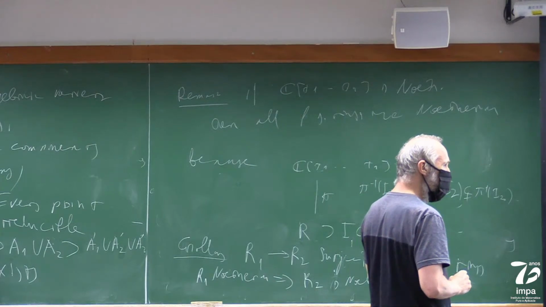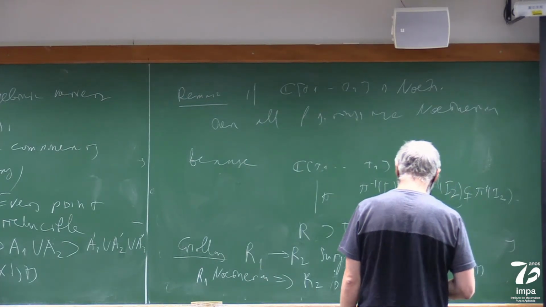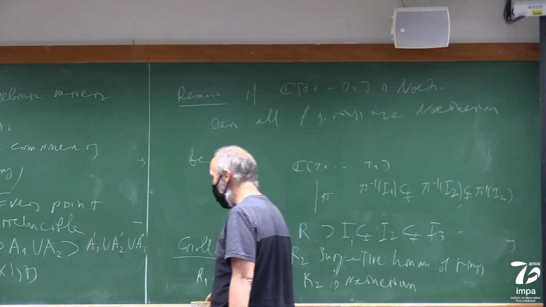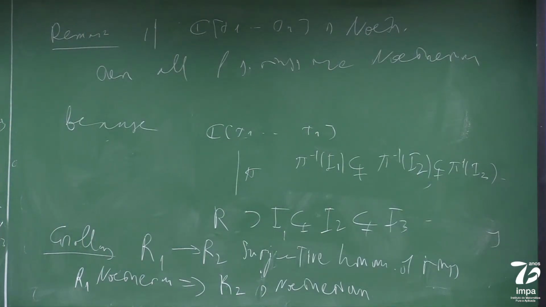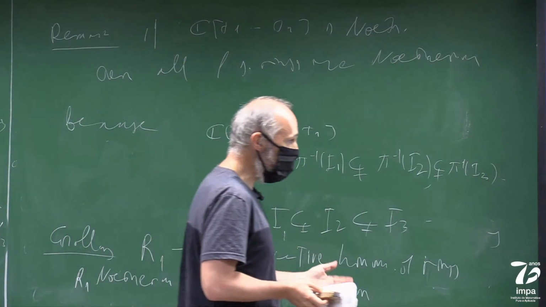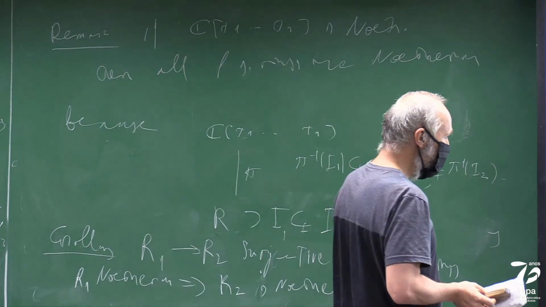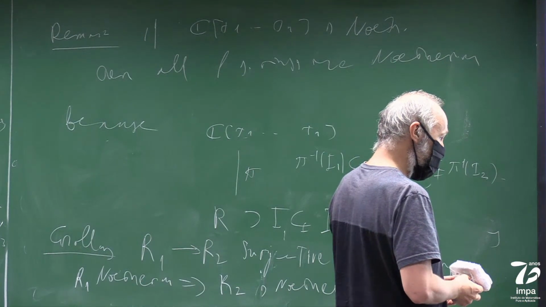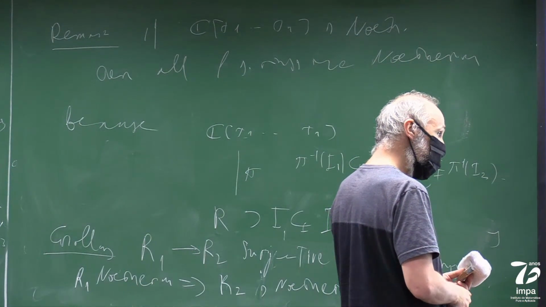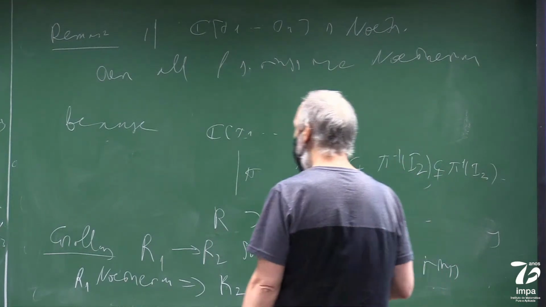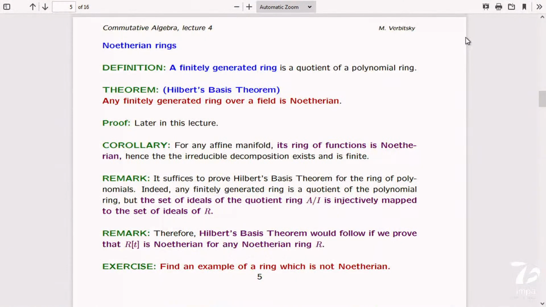Okay. And this implies in particular that you would have an irreducible decomposition for each finitely generated ring, for algebraic varieties in particular. Okay. Now, to prove the Hilbert Basis theorem, we just need to prove Noetherianity for polynomial rings.